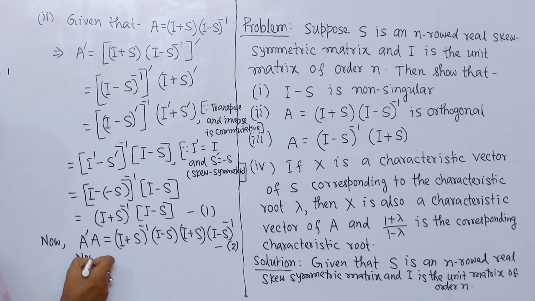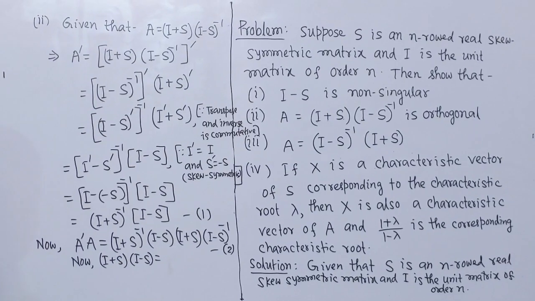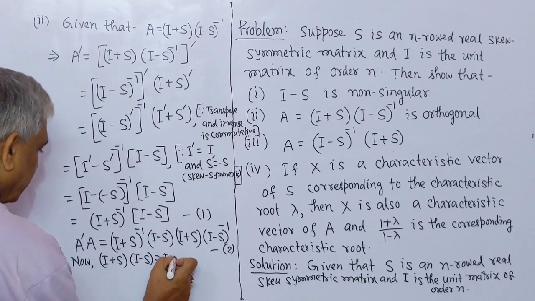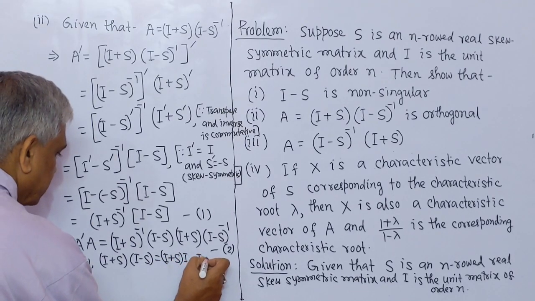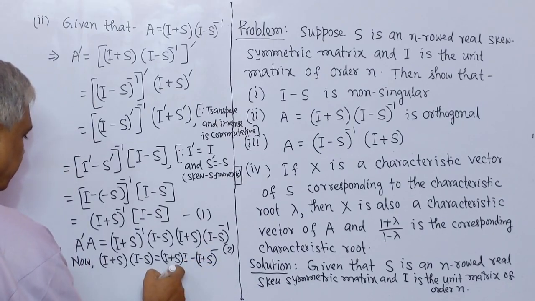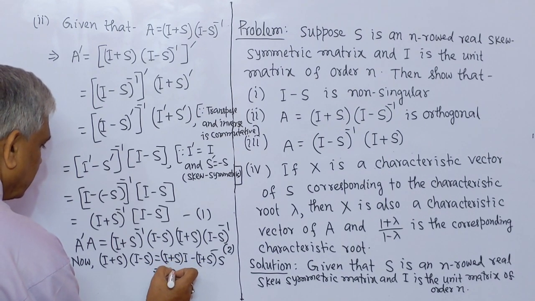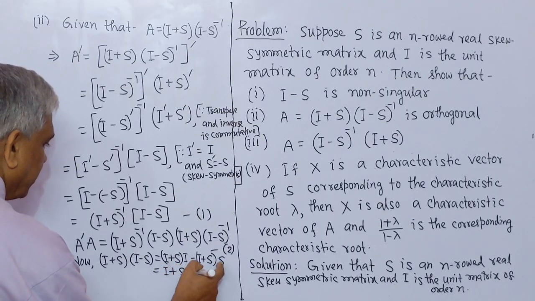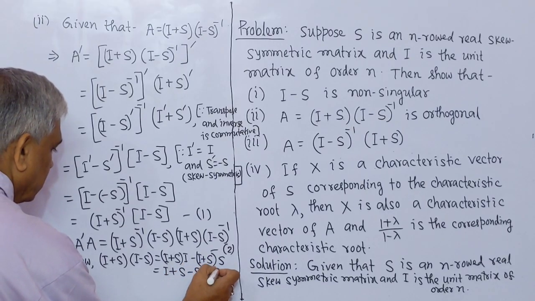Now I plus S multiply I minus S equal to, since matrix multiplication is distributive, therefore we write I plus S multiply I minus I plus S multiply S. This is equal to I multiply I, S multiply I, S minus I multiply S minus S multiply S, S square.